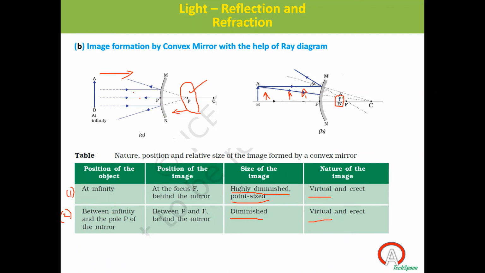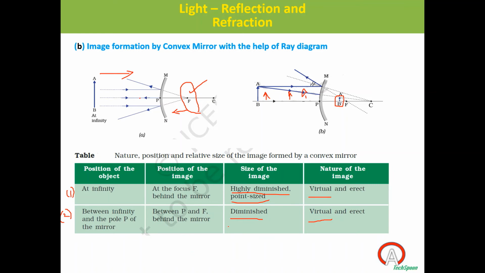So both will move in the opposite direction: the object in this direction, the image in the opposite direction. If I move this object from the infinity point towards this, the respective image formation will be such that the image moves away from the focus towards the mirror. Got it? Clear?